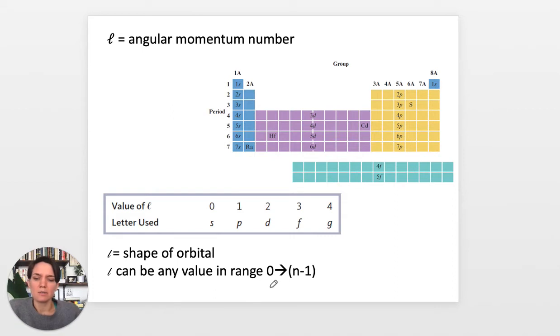Okay, so L corresponds to the shape of the orbital, and this is a really big concept. So L can be any integer value from 0 to n minus 1. Okay, so that means that if n equals 1, the shape of our orbital would be an S shape, and L could only equal 0.